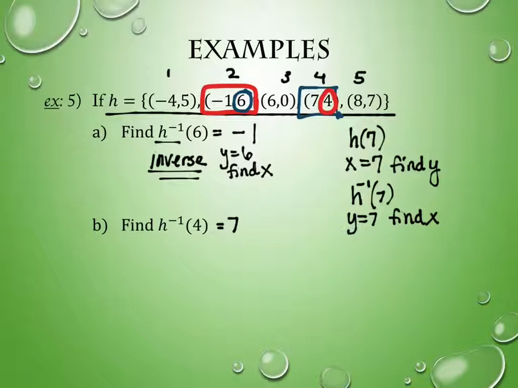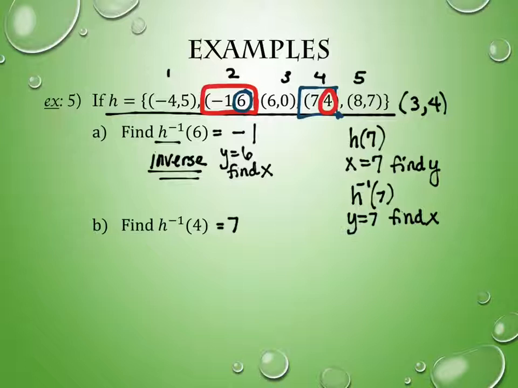And I hope you can see with this example, especially with numbers, why it has to be 1-to-1 for this to work. If I had another ordered pair that looked like this on this list, there would be 2 x values assigned to that y value, right?